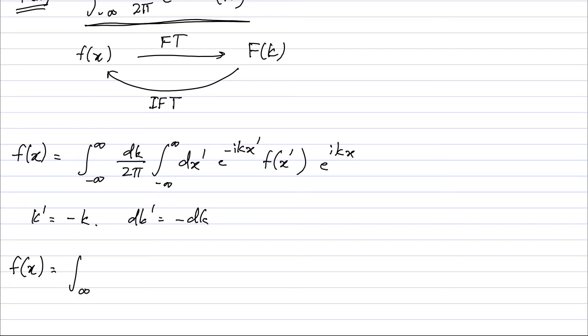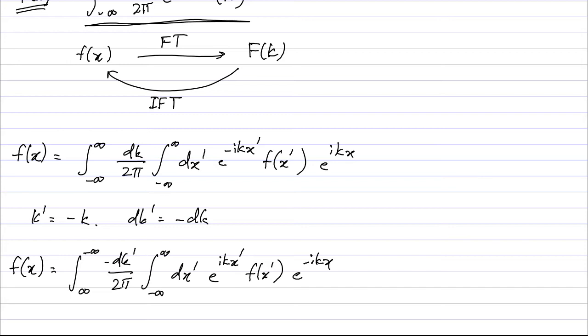When k is plus infinity, k prime is minus infinity. So you get that, and you leave x prime untouched. So you then have k x prime, f of x prime, e raised to the power minus i k x, and so you also have a minus sign over here.